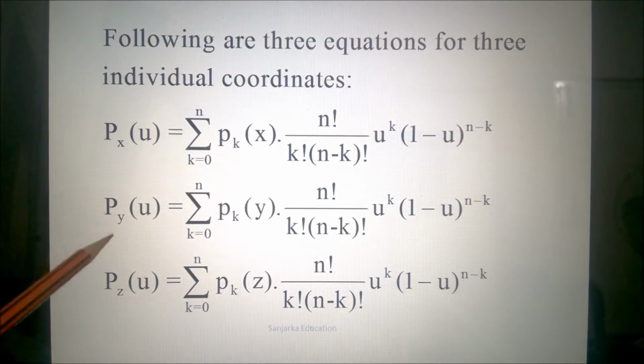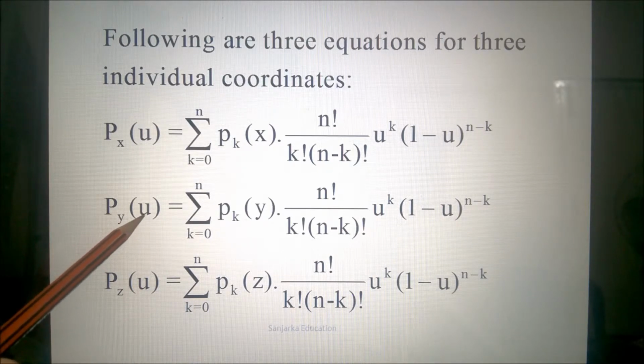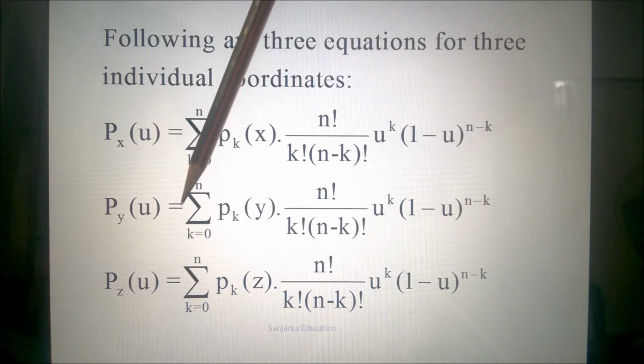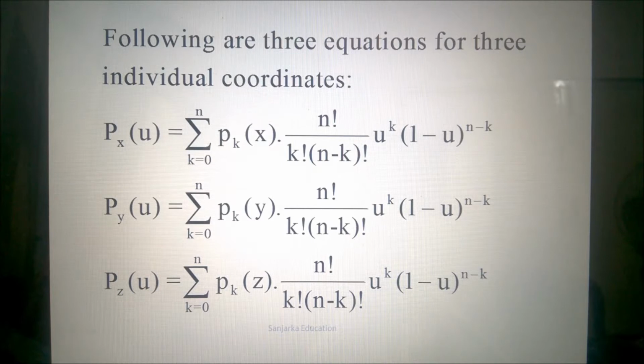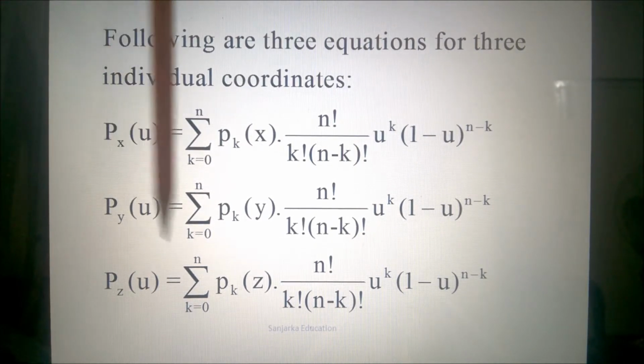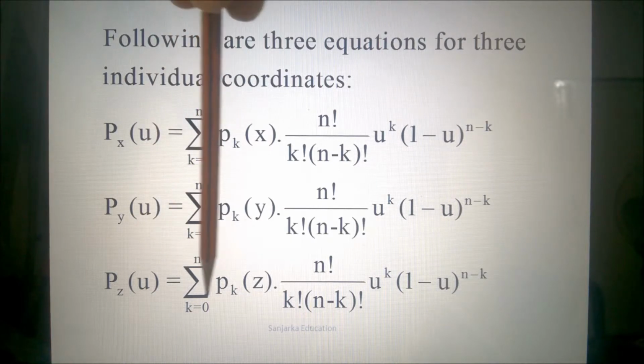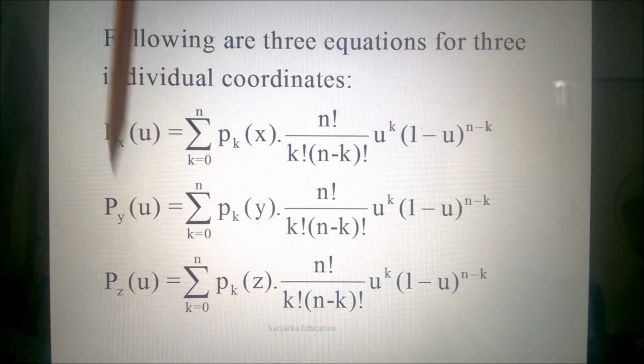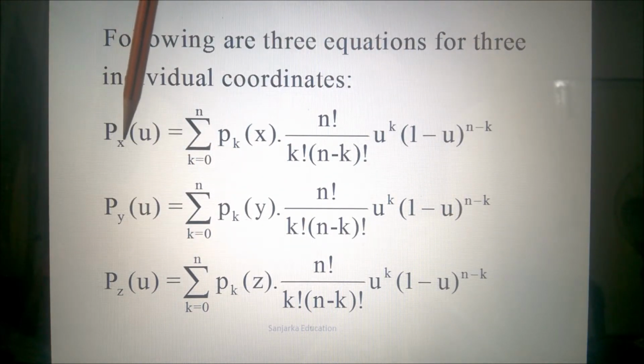Exactly similarly, this is the y coordinate of that point for a particular value of u, and it can be found with this expression. Exactly similarly, the z coordinate can be found with these expressions, and therefore combining the x coordinate, y coordinate and z coordinate gives a single point on the curve.